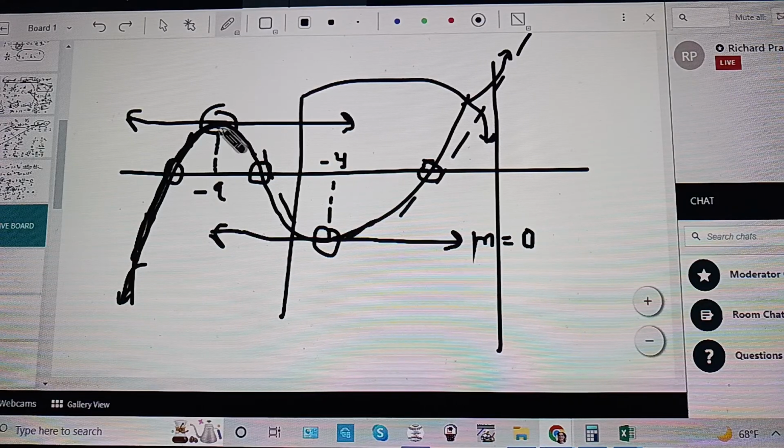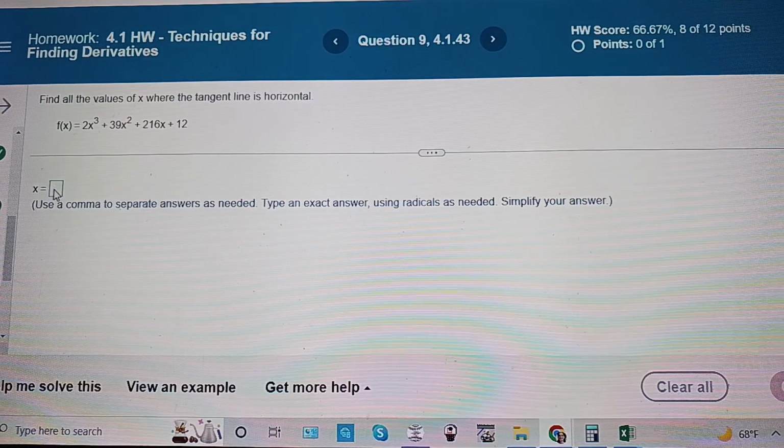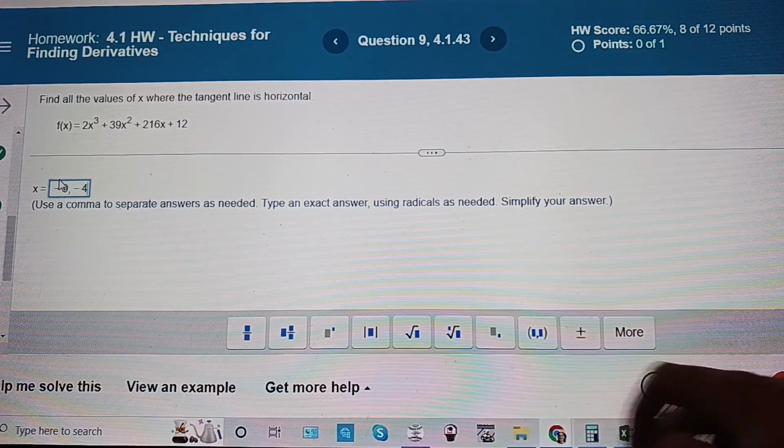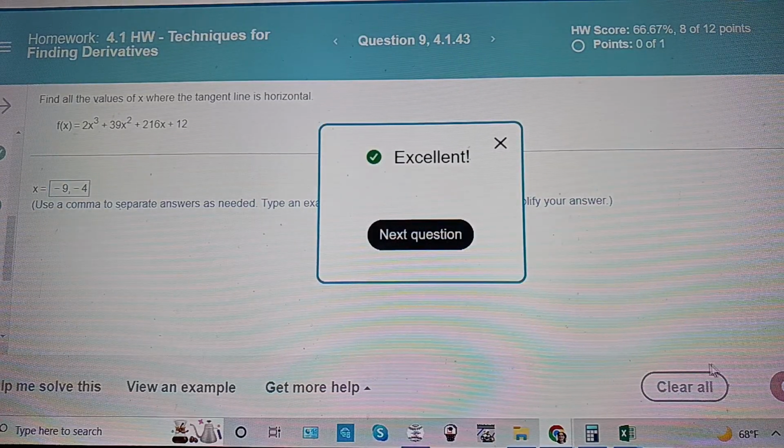And so that peak right there, kind of the mountaintop, that's a special spot we're going to study more in chapter 5. And they only occur at horizontal tangent points here. So there were 2 x's. Use a comma to separate your answers, negative 9 and negative 4. That's what we're going to deal with a lot more in the next chapter.